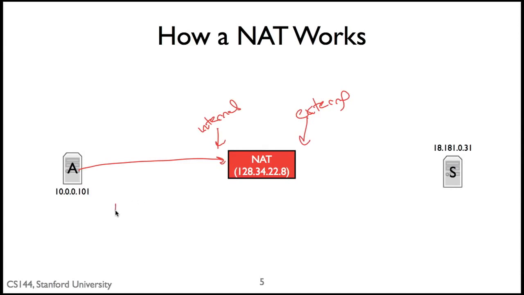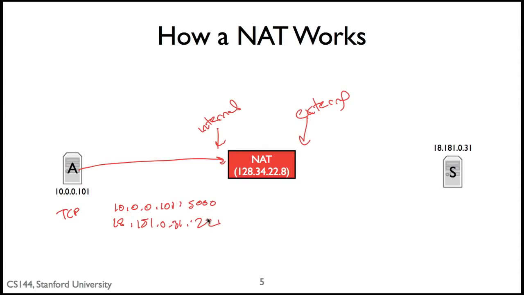And so there's a packet coming in from 10.0.0.101. And let's say it's a TCP packet. And this is port, again, let's say 5000. And it's going to 18.181.0.31, port 22.